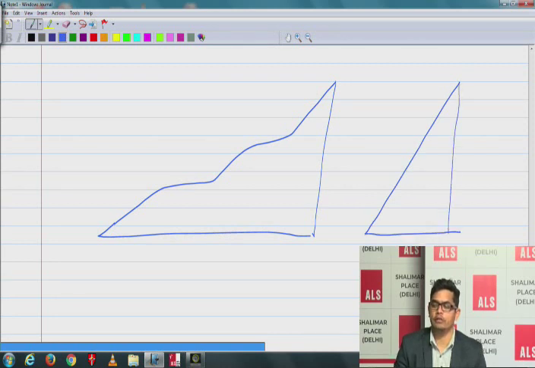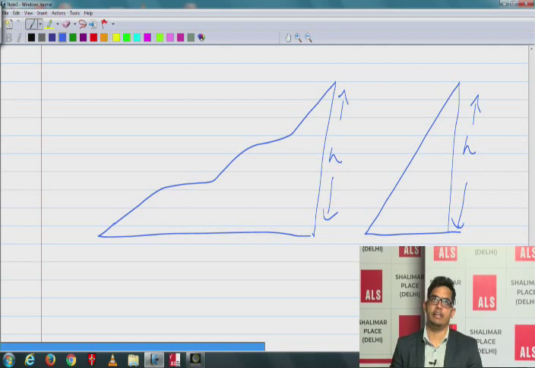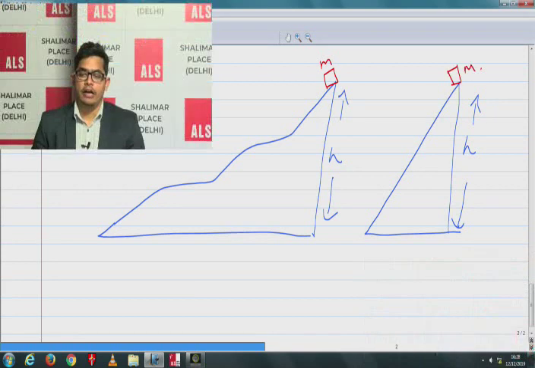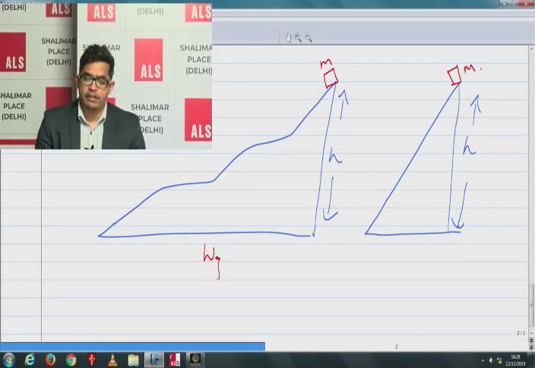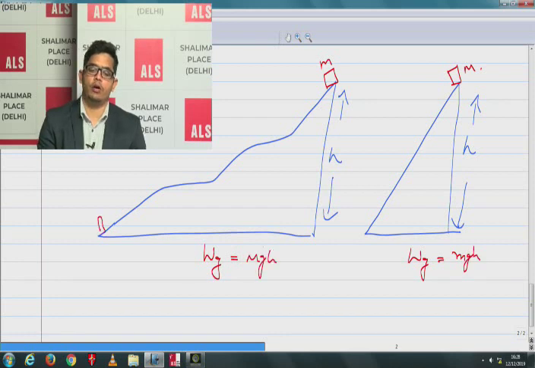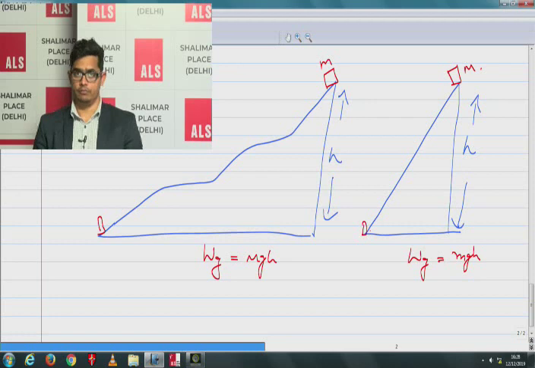I have two bodies with the same height h and h, with blocks of mass M and M. Now, work done by gravity in both cases will be mgh, if the block comes to the bottommost point. Because in the direction of force of gravity, only h is the displacement.